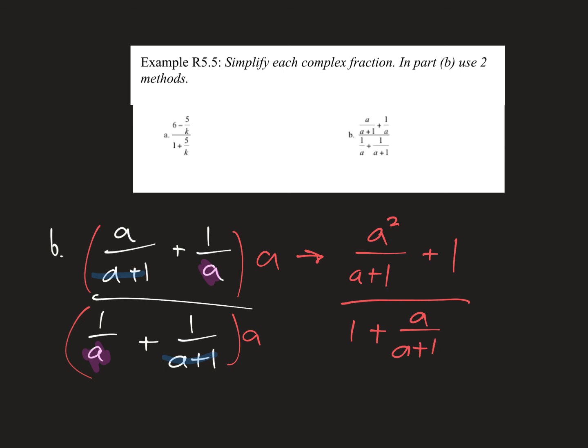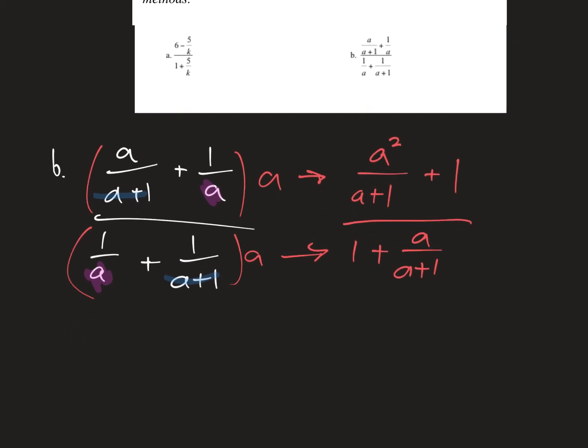So now this portion in red that I've gotten is slightly simpler than what we started with in white. And you can see that some of the fractions have been simplified out. Okay. Now, if we continue this, the denominator that's remaining is a plus 1. So what we'll do is now we can multiply by a plus 1 to top and bottom.